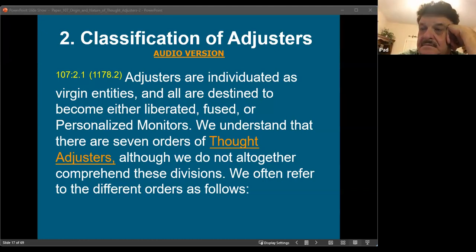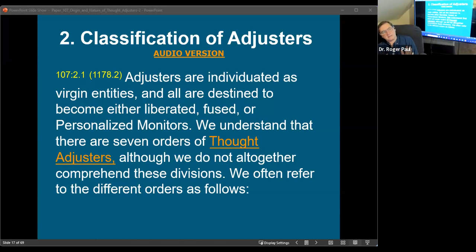Okay, they're going to break down the different orders, but before we get off this very little introduction, I want to point out that they're talking about the 3 different futures of virgin adjusters here. They either become liberated adjusters, in other words, freed from the assignment as a thought adjuster, or a fused adjuster with a mortal type of being, or the personalized adjusters, which was what happened to Jesus's adjuster.